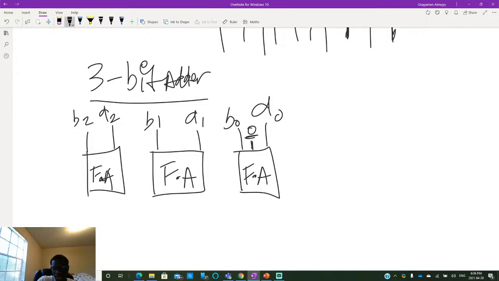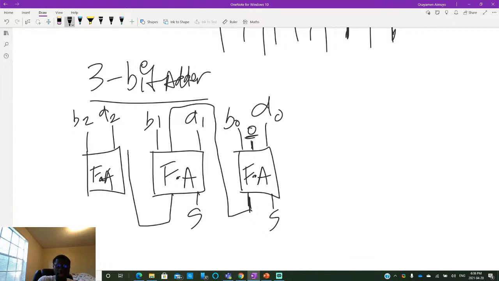Then we have a sum and a carry out, but we're not going to display this carry out. It's going to come into the second full adder as an input. So that's where the concatenation comes in. Then you have your sum and your carry out. So this is a 3-bit adder system.